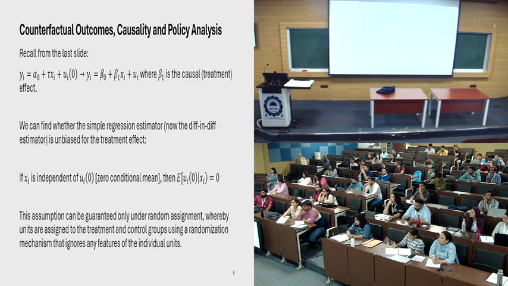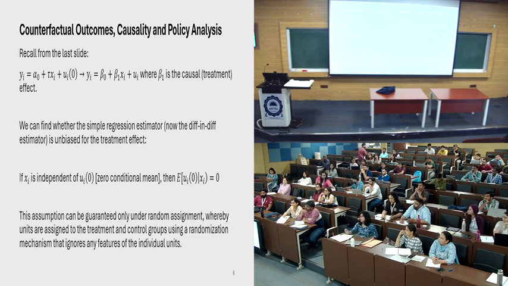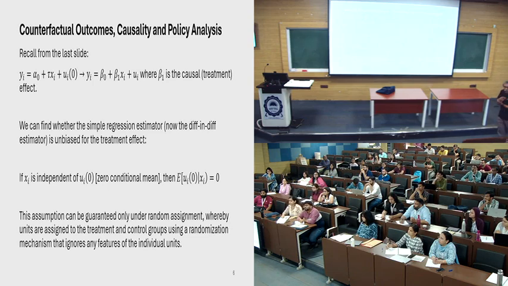The unbiasedness would completely depend on what Ruchi was trying to say in a different way, whether xi is independent of ui. That is my zero conditional mean assumption: expected value of ui conditional on xi is equal to 0.